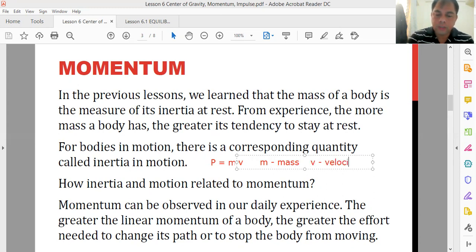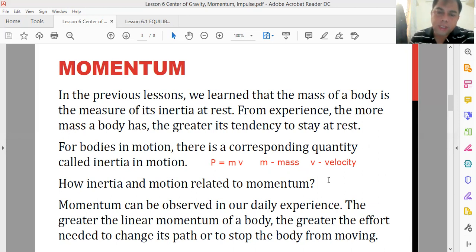Since we are dealing with velocity here, and not merely speed, we can consider momentum to be a vector quantity. It's sensitive to the direction as well. Our unit for momentum is kilogram meter per second. There are two factors that affect the value of momentum.